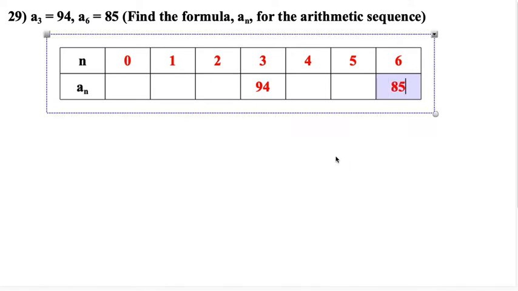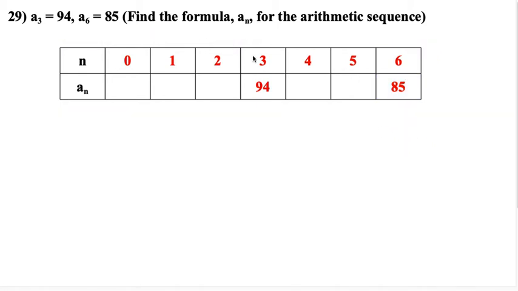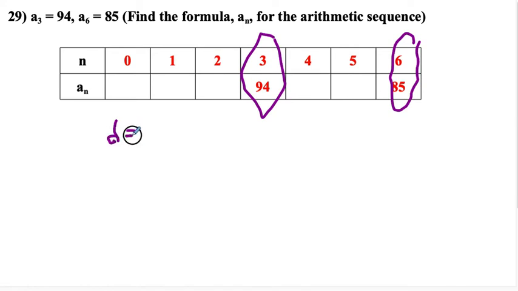So what we need to remember is there's some sort of constant difference happening. Now, that constant difference is equal to the slope. Now, please bear in mind that if I'm looking at these 2 coordinates, that is 3, 94 and 6, 85, I could find the constant difference by simply finding the slope. Which means what?